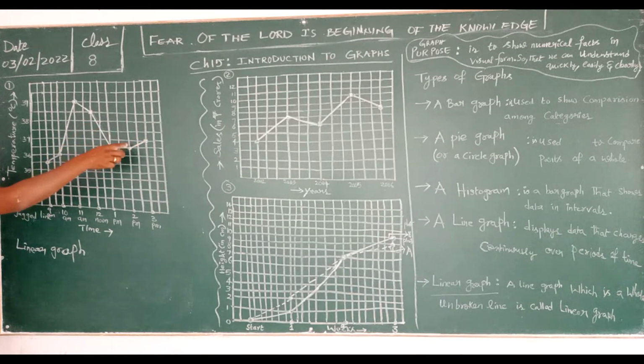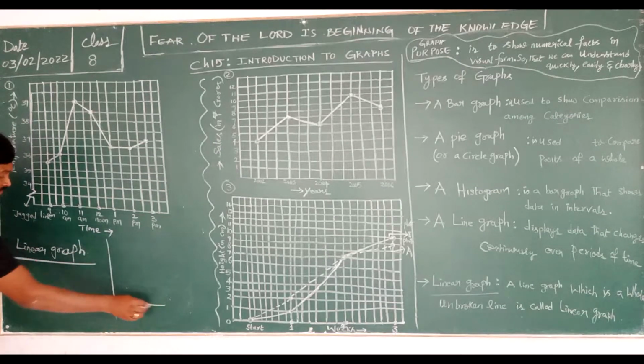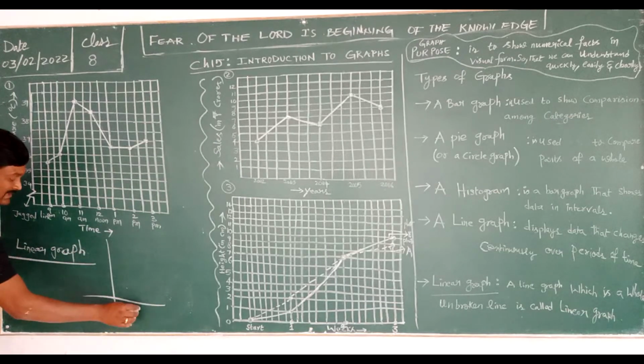We don't want fluctuations like that. A graph which is a whole unbroken line is called a linear graph. I'll show you an example. Let's say this is time, and this is distance.